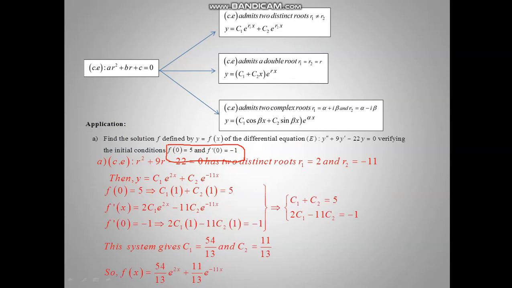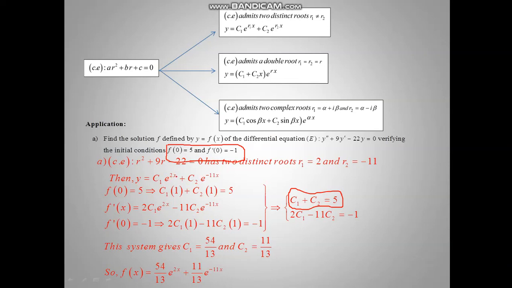Now we have to find the particular solution. f of 0 equal 5, so we replace x by 0 to get e to the power 0 is 1, so we get this equation of two unknowns. For f prime of x, we can take the derivative of this one.